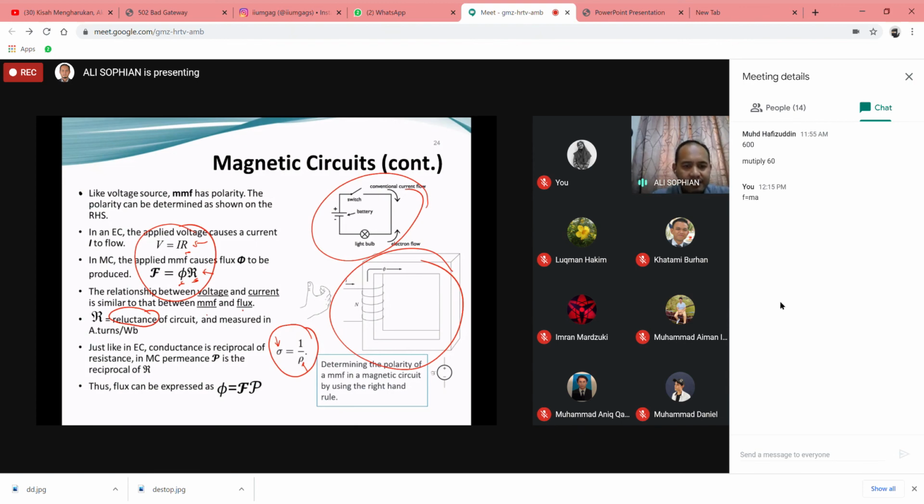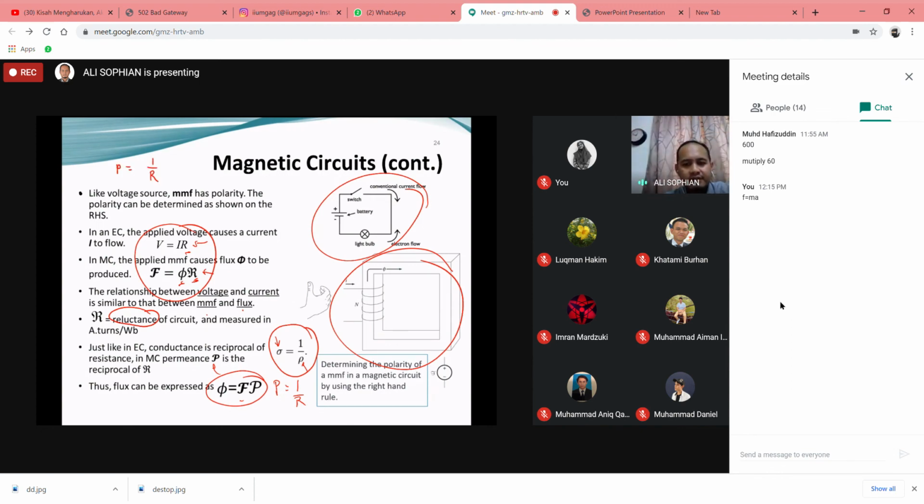And then similarly for the magnetic circuit, the flux can be expressed as MMF times permeance. Permeance is this, so we've got something similar here, that permeance is equal to 1 over reluctance. Permeance is equal to 1 over reluctance.